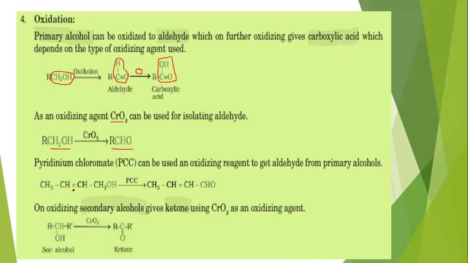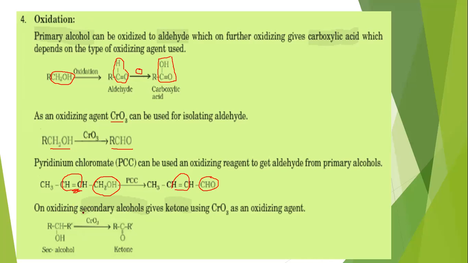CH3CH=CHCH2OH with pyridinium chlorochromate, this specific oxidizing agent, oxidizes only the CH2OH group to the CHO group. This part remains as it is. The carbon-carbon double bond does not undergo oxidation.